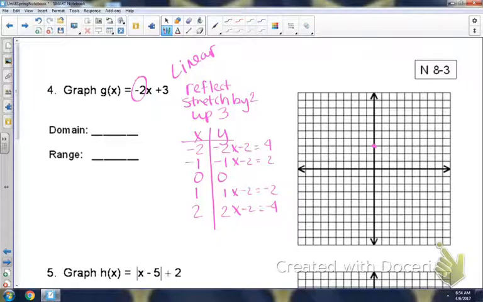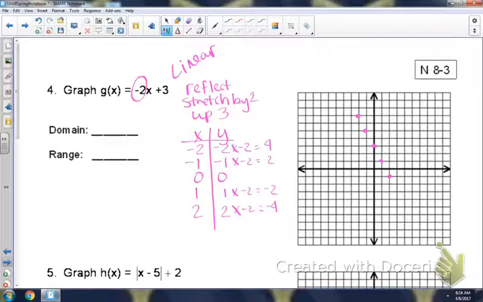So instead of going left 2, down 2, we're doing left 2, up 4. And then left 1, up 2. Right 1, down 2. From that 0, 0 point, right 2, down 4.